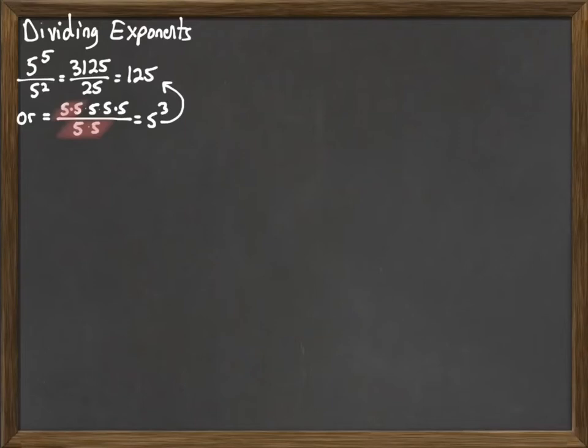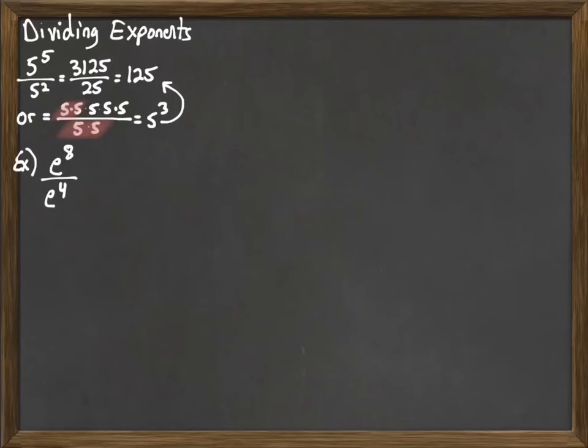Let's turn to a second example here. E to the 8th divided by e to the 4th. Be careful here, you don't divide 8 by 2, or 8 by 4 to get 2. These are not numbers, these are exponents.